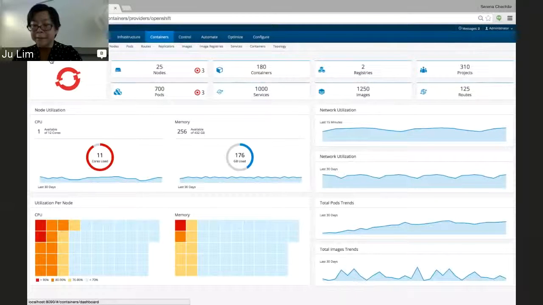Okay. So one of the things that we don't have access to in this demo today is there's a whole set of inventory views. So if you look up in this mock-up, in this prototype, if you look up to the top: container providers, projects, nodes, pods, routes, replicators, images, registries, services, and containers. All of those things we have inventory views for each of those.